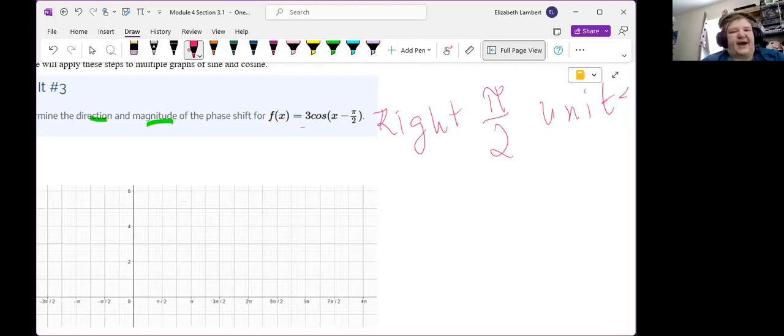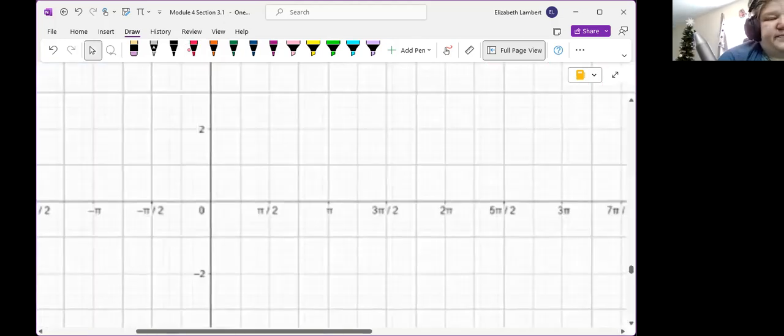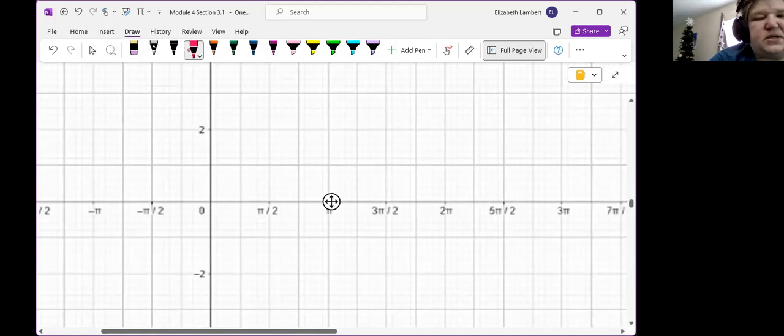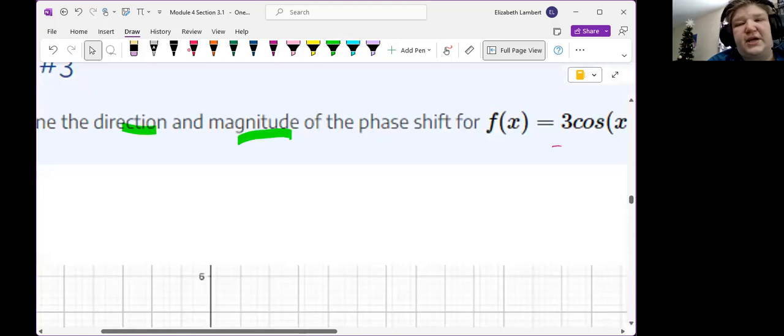So if we were going to graph that, all right, let me go with a couple. So our first one is 0 up to 1 at pi over 2, back 2 pi, down to 3 pi over 2, back to 2 pi. That's sine. Rewind. We're looking at cosine.